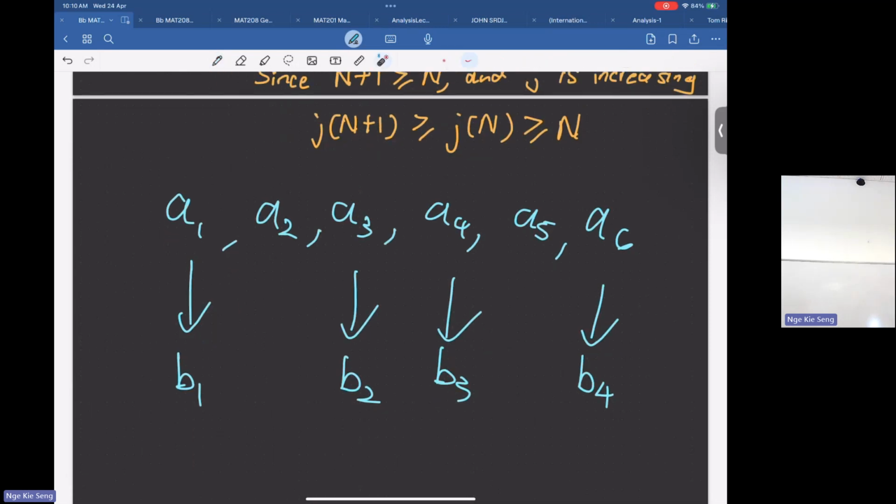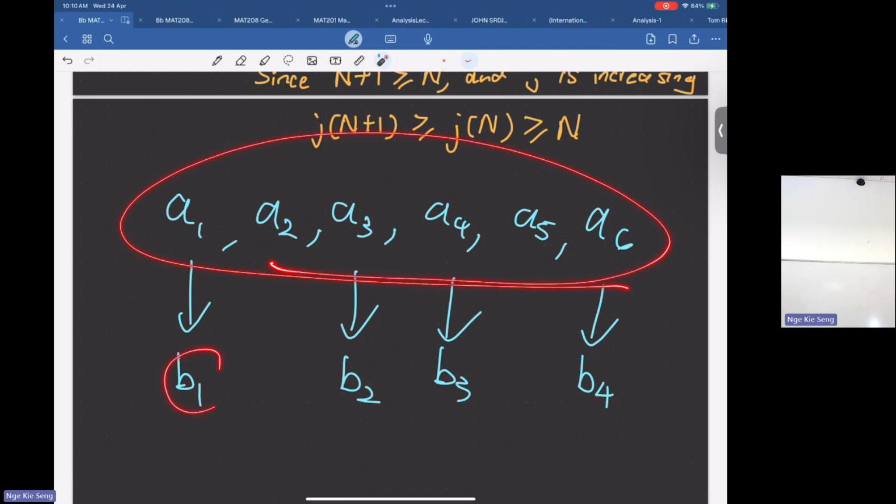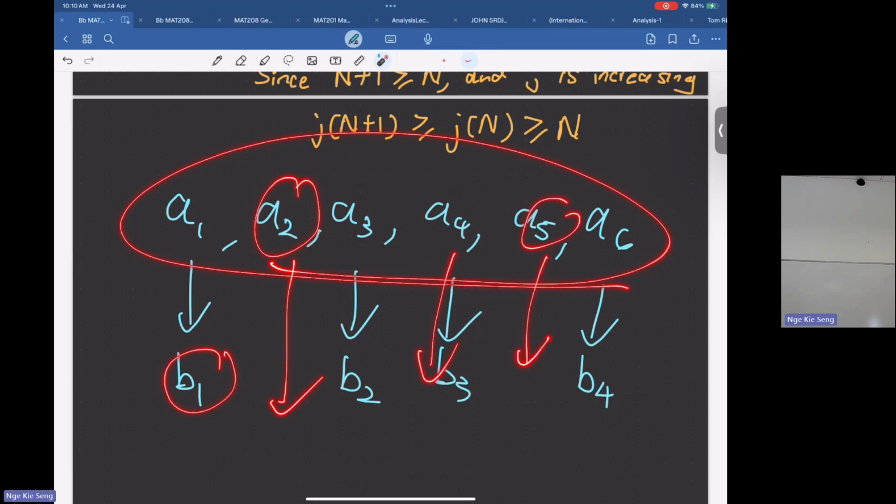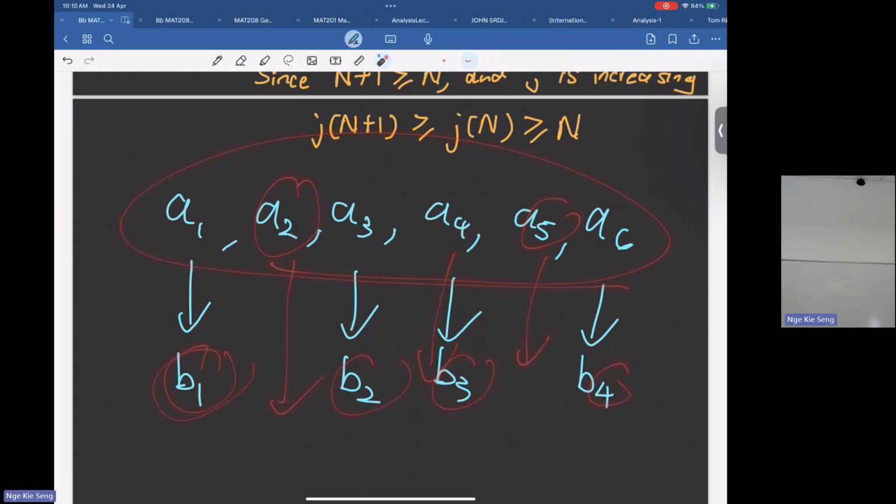If you have a sequence and you omit some terms from your original sequence and then pick it as a subsequence, you can see that the difference here is greater or equal to 0.